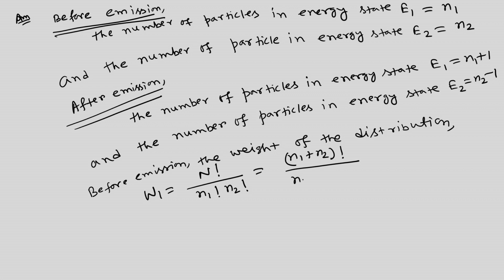So W1 is N factorial by N1 factorial times N2 factorial. This is the weight of the distribution before emission.